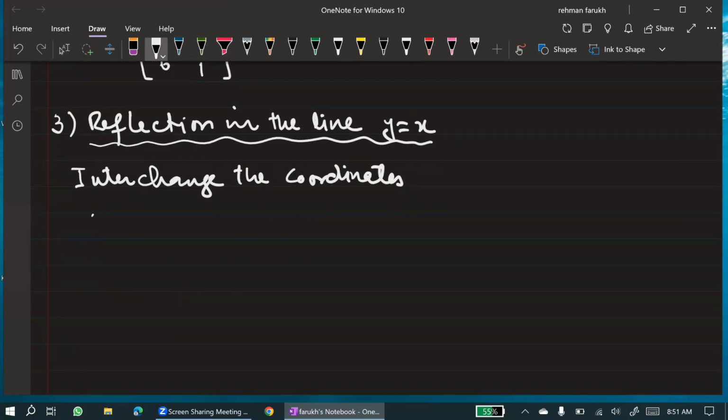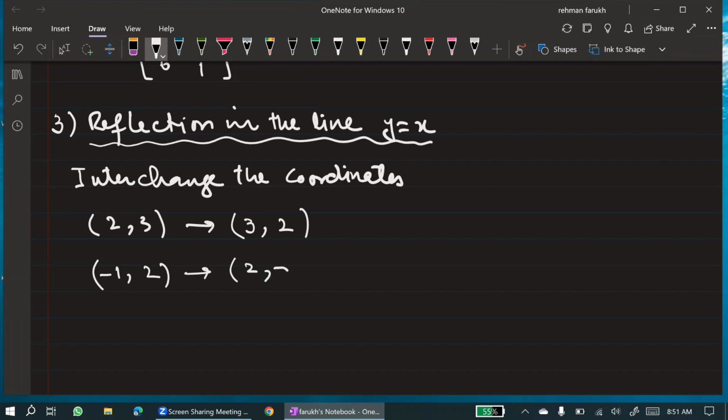That is, if the point is 2, 3, after reflection in the line y is equal to x, it will become 3, 2. If the point is minus 1 and 2, after reflection in y is equal to x, the point will become 2 and minus 1. If the point is P, Q, after reflection in y is equal to x, the point will be Q, P.